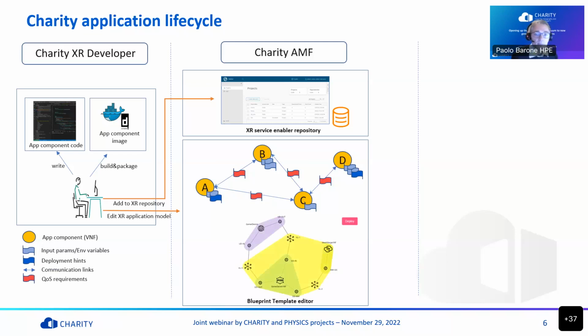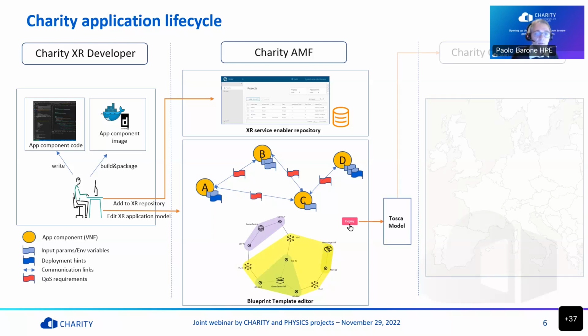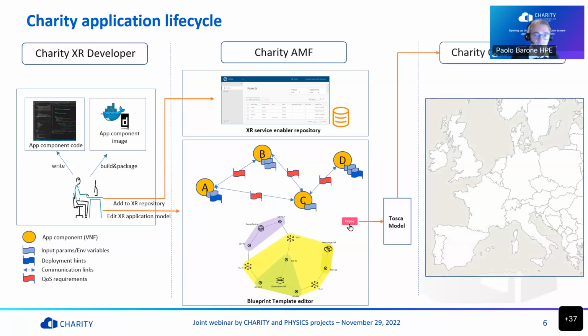The deployment may happen by clicking on a button on an interface manually or even programmatically. But what happens behind the scenes is that the application model is translated into a TOSCA model, as Marco mentioned, and this TOSCA model is sent to the Charity orchestration layer.